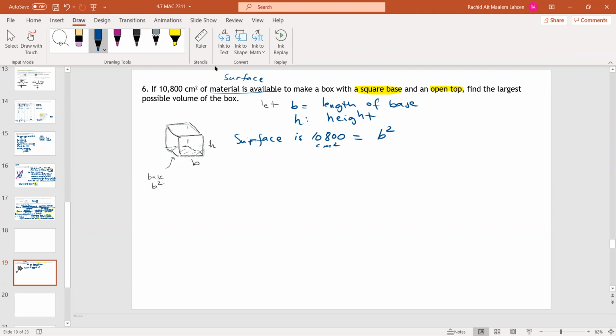And you have these sides, which is B times H, all around. So that's 4 of them.